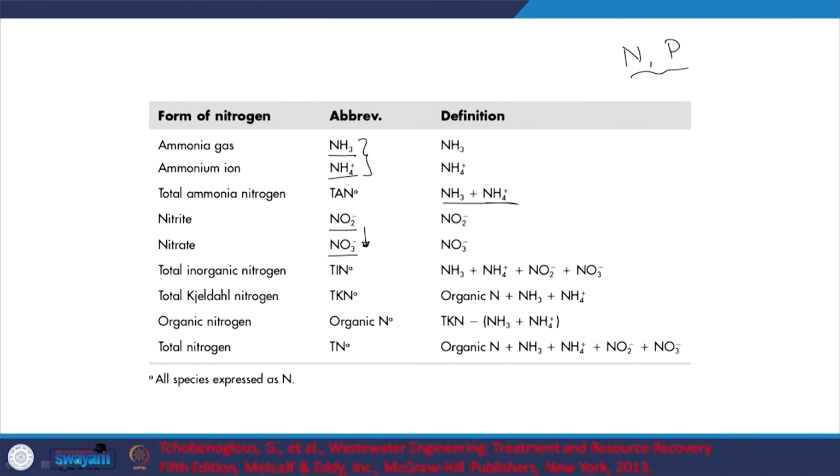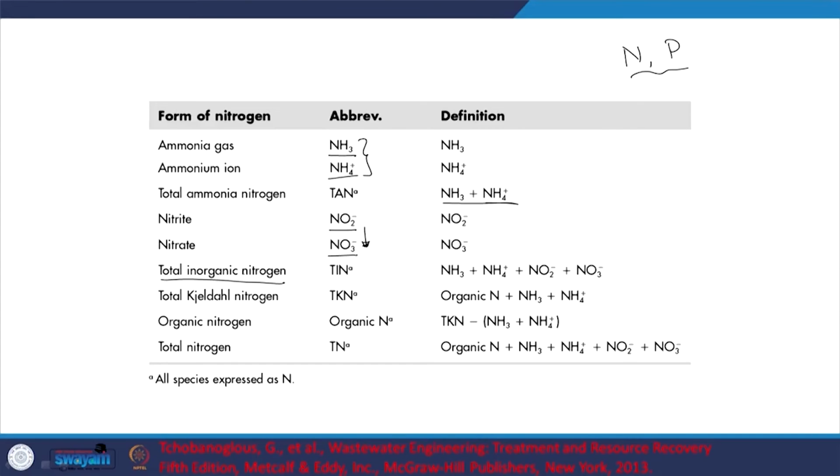And then we have total inorganic nitrogen, which, as the name indicates, is self explanatory: we have the reduced forms and the oxidized forms of nitrogen. And then we have a variable that is widely used to measure nitrogen, total Kjeldahl nitrogen, and here for the first time we have both organic nitrogen and the reduced form of nitrogen, ammonia.